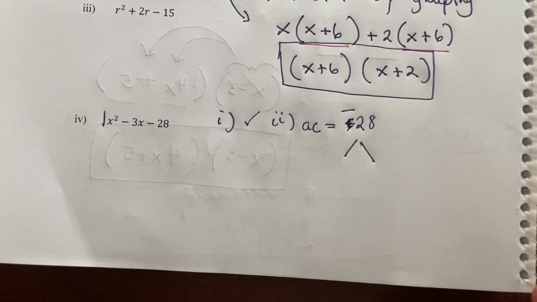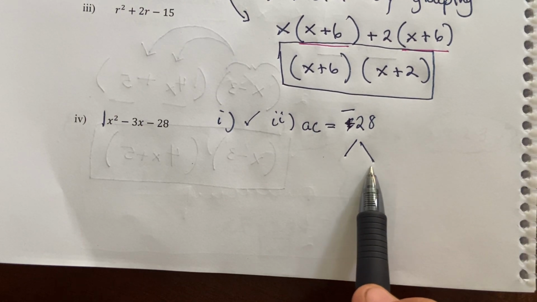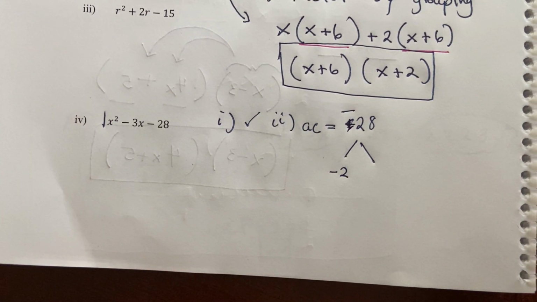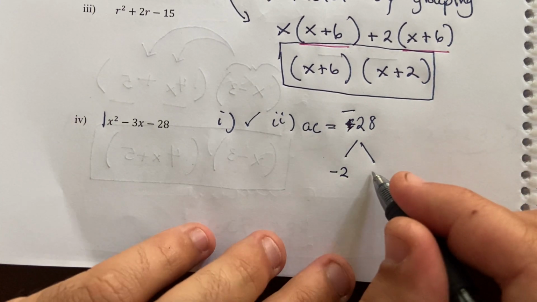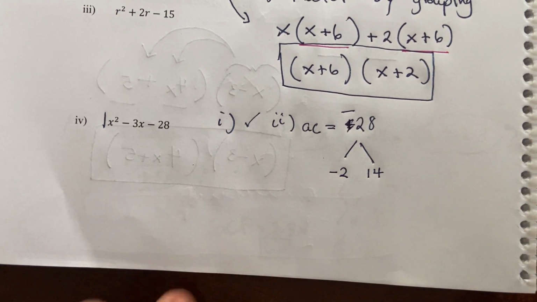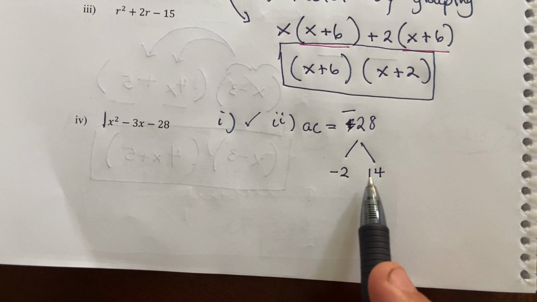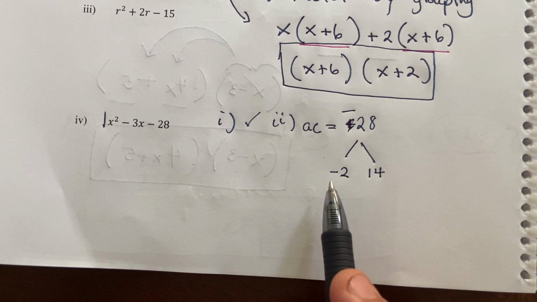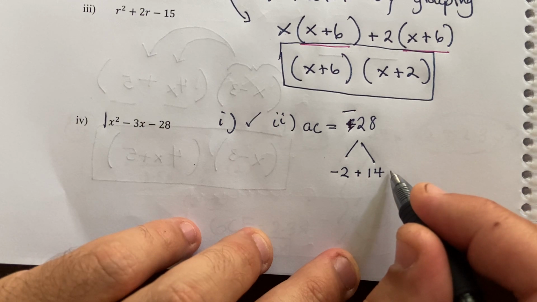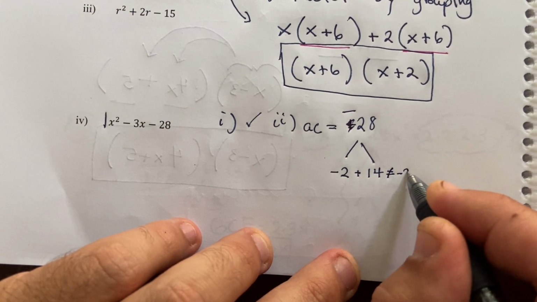Okay, so here's what's going on in my mind. I'm looking for factors of negative 28. So maybe I try negative 2 and 14. If this is the right pair of factors, then this should add up to negative 3, but this does not add up to negative 3.